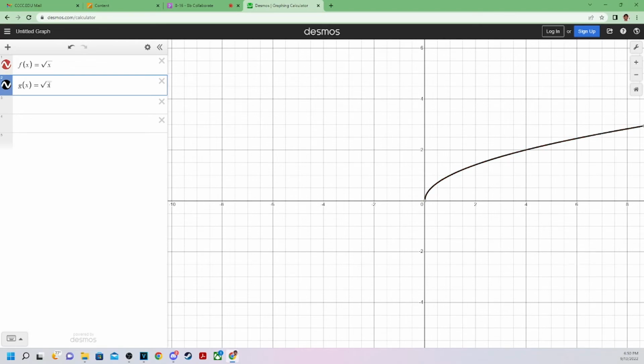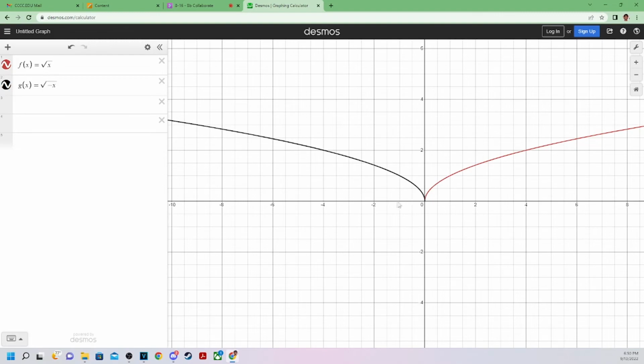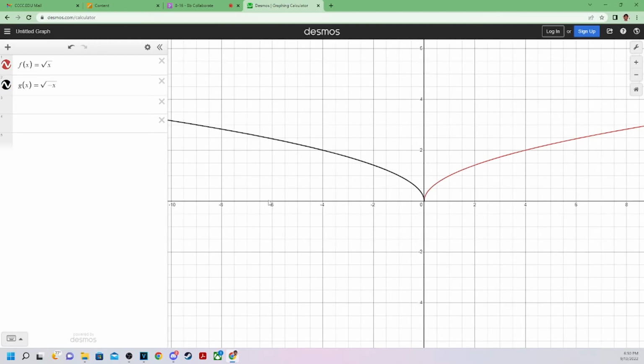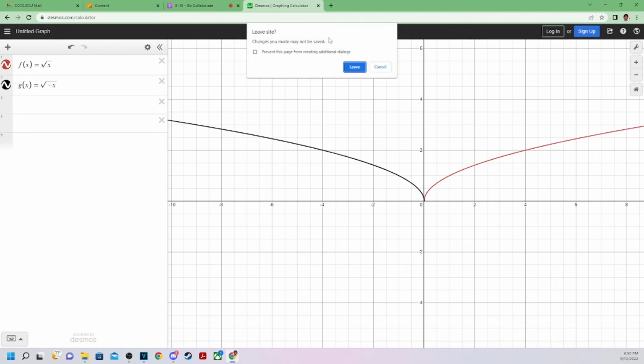But if I throw it inside here, it's going to go to the other side, reflection about the y-axis. Now, you can't have a square root of a negative number, so you can only have negative inputs because a negative of a negative is a positive. You can square root a positive value, so you have to have a negative number because it's multiplying by a negative to get a positive value. You can't have anything on this side because you can't square root a negative. So that's the idea with reflections.